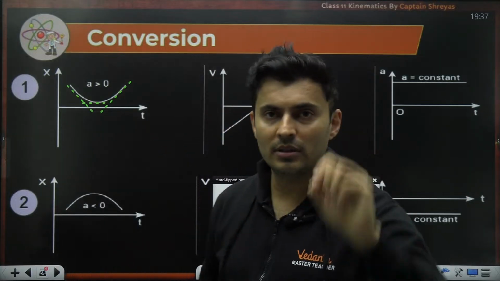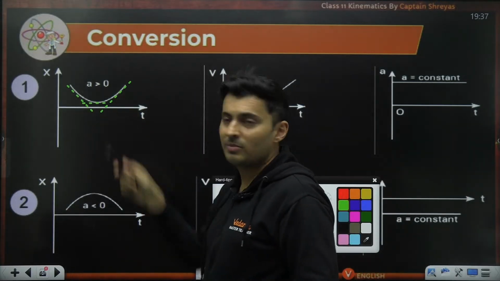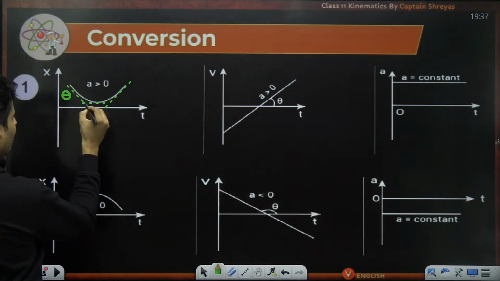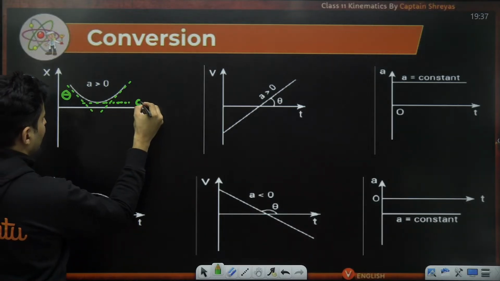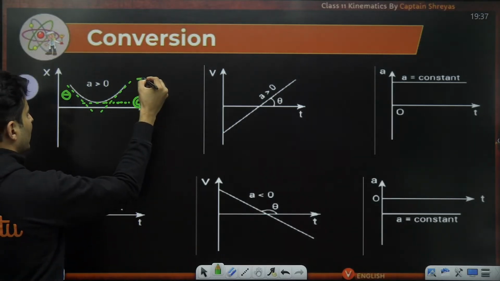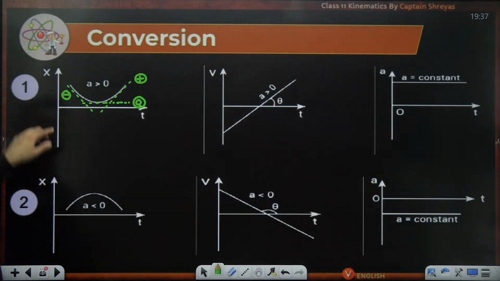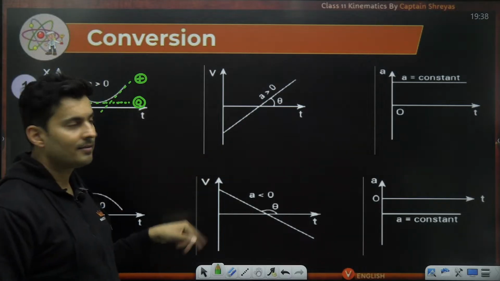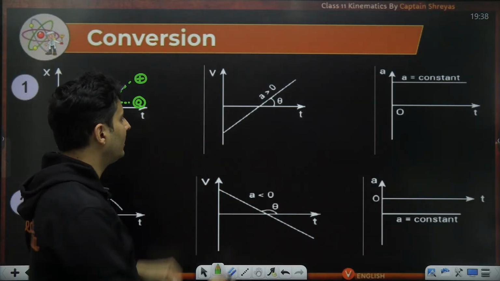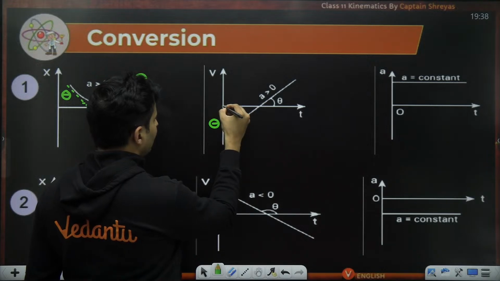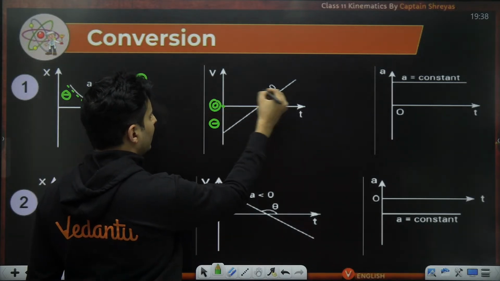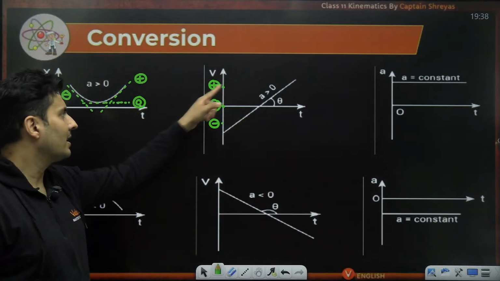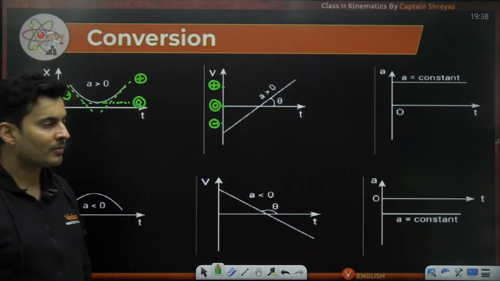Remember, the slope of the position time gives me velocity. Because it is going down, it is earlier negative, then it became 0, and then when it starts going up, it became positive. So the velocity was negative, then 0, then positive. Look at this graph. The velocity was earlier negative in value, then it became 0, and then it started getting positive values. So exactly what was expected after conversion.